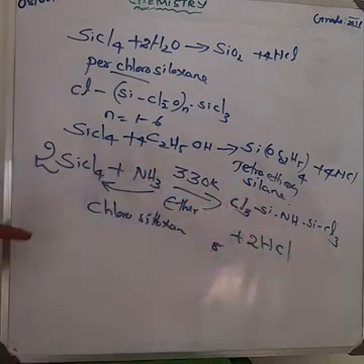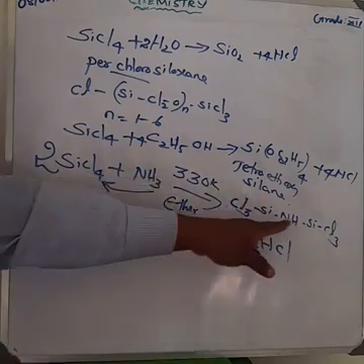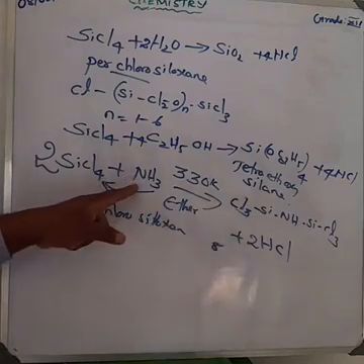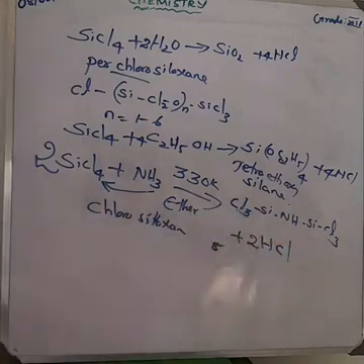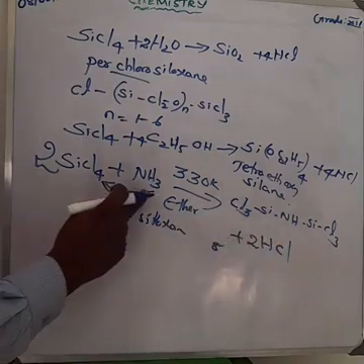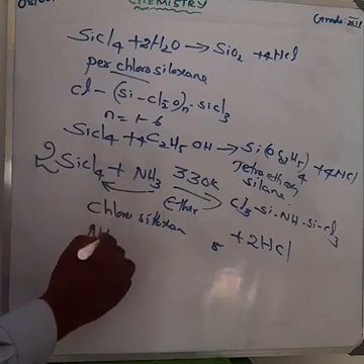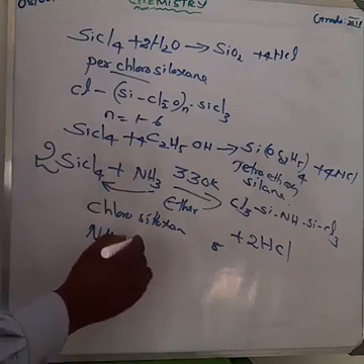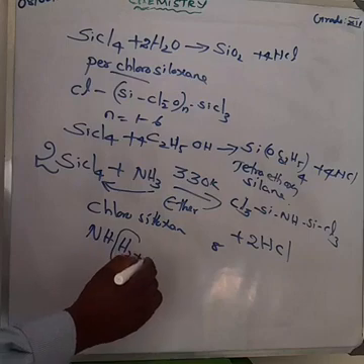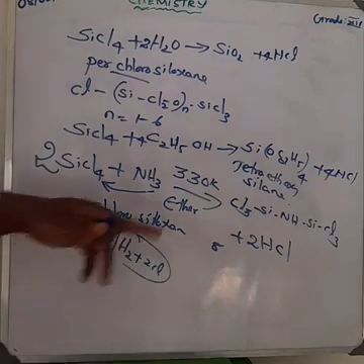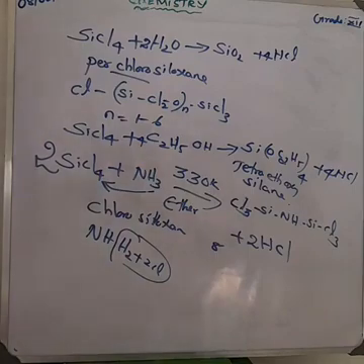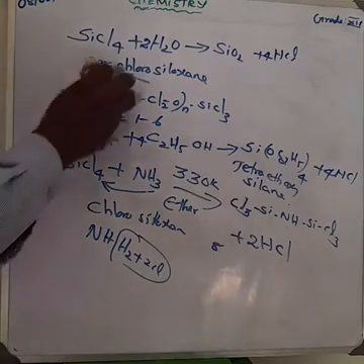That is balanced. Nitrogen, 1, balanced. Hydrogen, 3, balanced. Here nitrogen has 3 hydrogen; 2 hydrogen combine with the 2 chlorine, and 2 HCl is leaving. So you write the remaining product, that is Cl3SiNHSiCl3.